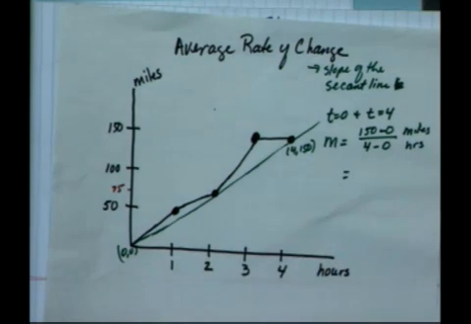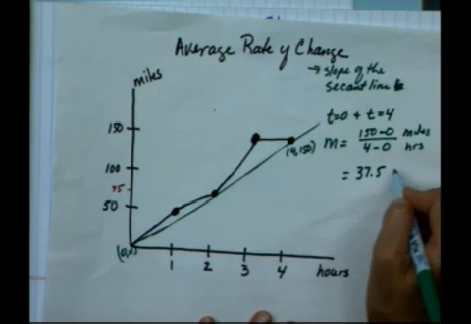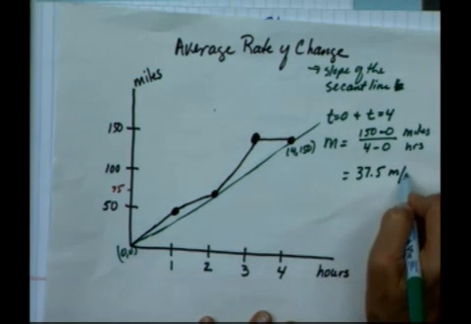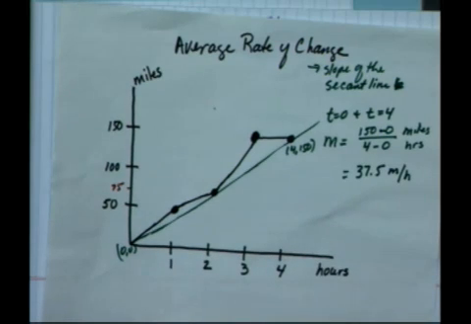And so 150 divided by 4, I should be able to do this in my head, but all of you are staring at me, so I can't. 37.5 miles per hour. Are your parents going to be happy that you took a nice 4 hours to only get there 150 miles? You're going to go, I only averaged 37.5 miles per hour. I was a very careful driver.